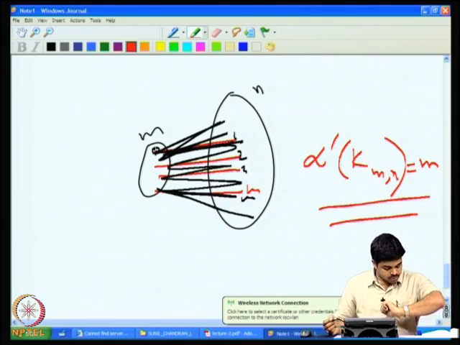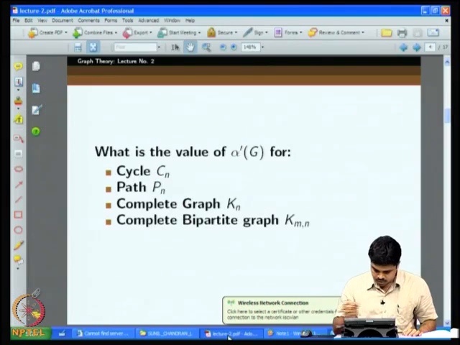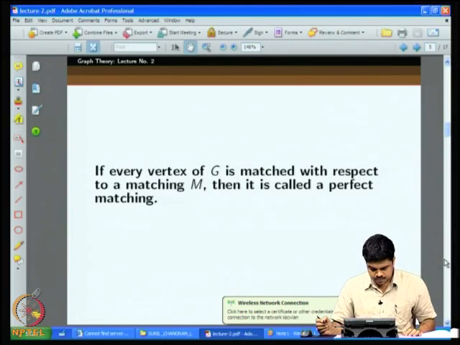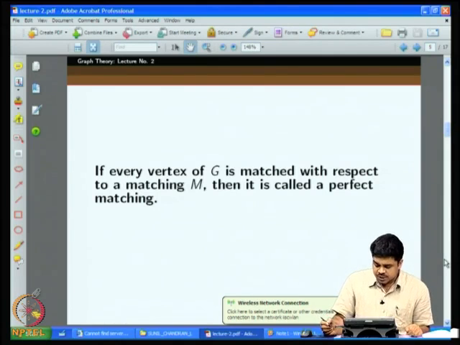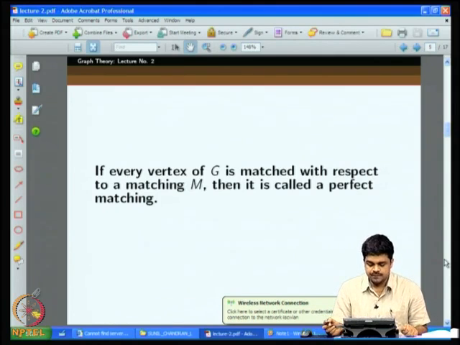Now again, going back to the slides, here is a new definition. A matching is a perfect matching if every vertex in the graph is matched by that matching.